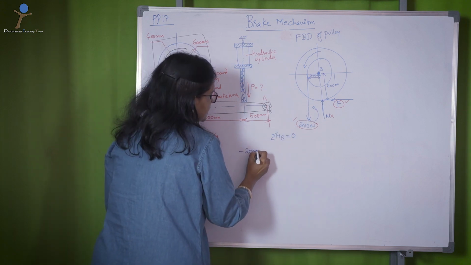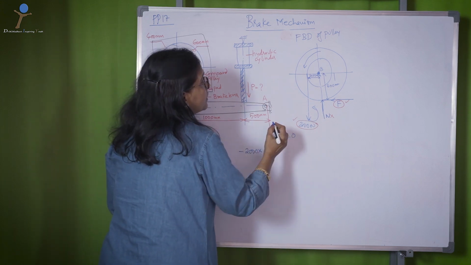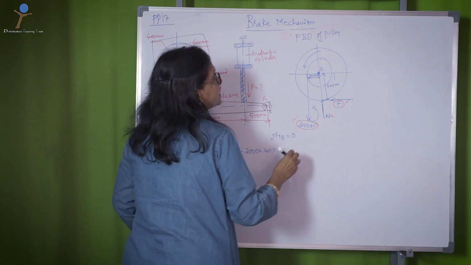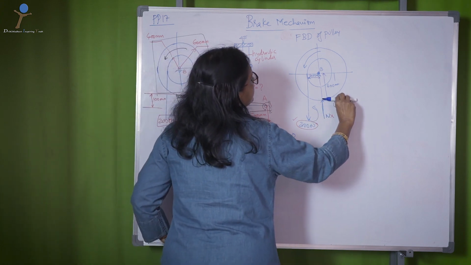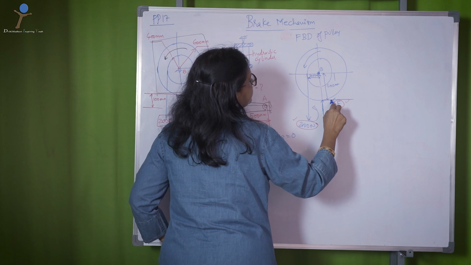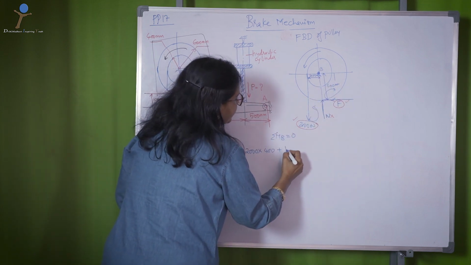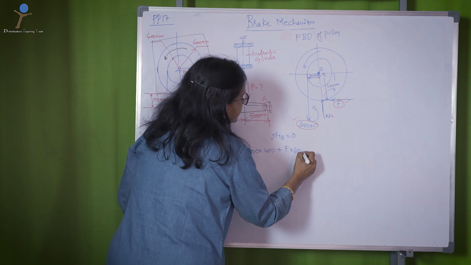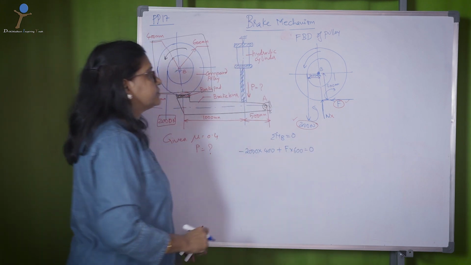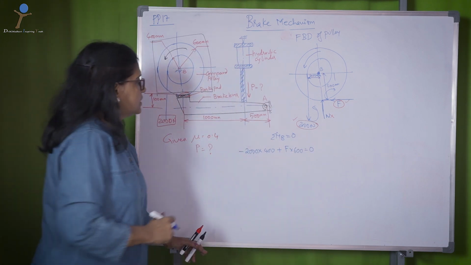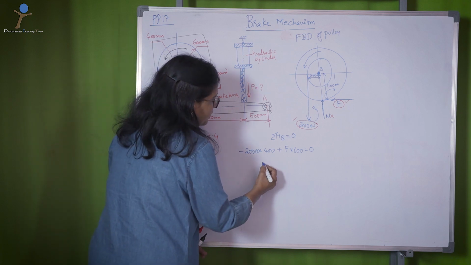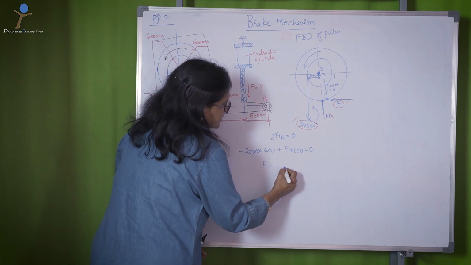So minus 2000 into 400, and this force moving towards B, in this direction, plus F into 600 equals 0. Then you have the value of F calculated.